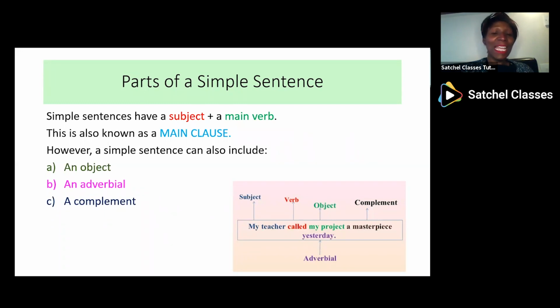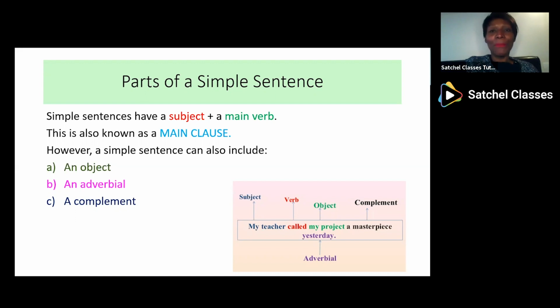So this sentence here, my teacher called my project a masterpiece yesterday. You have a subject, my teacher, the verb, called, the object, my project, complement, masterpiece, and the adverbial, yesterday. So even though it's a simple sentence, you can see that it's actually made up of 5 different parts.